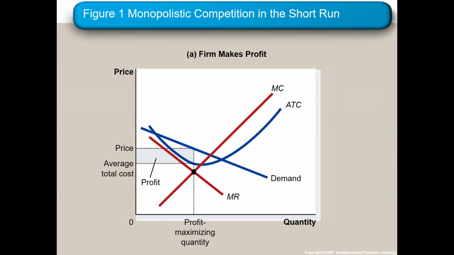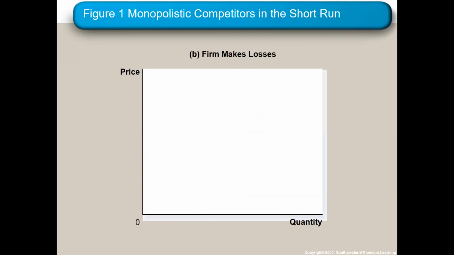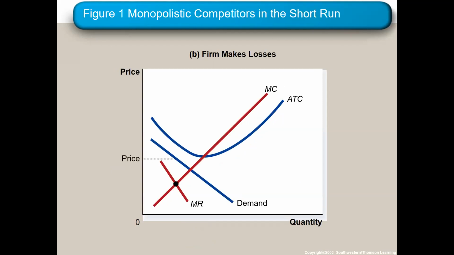So demand and MR are going to go down until you get to zero economic profit. If I'm here where we're losing money, firms are going to exit, and their demand and MR are going to shift upward.